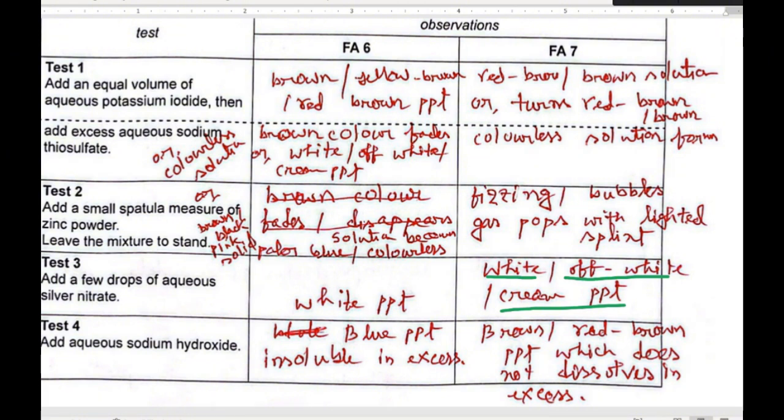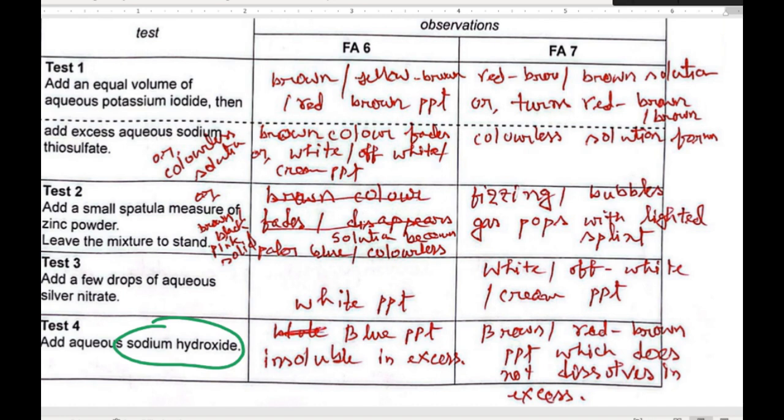Now test 4, add aqueous sodium hydroxide, I mean sodium hydroxide solution. You know sodium hydroxide is used for cation tests. As it is copper 2 chloride, copper 2 ion, first you will see blue precipitate. If you add any sodium hydroxide or any ammonia solution, first you drop 1 or 2 drops, few drops, then you write what color precipitate.